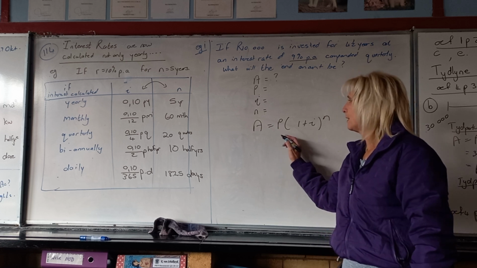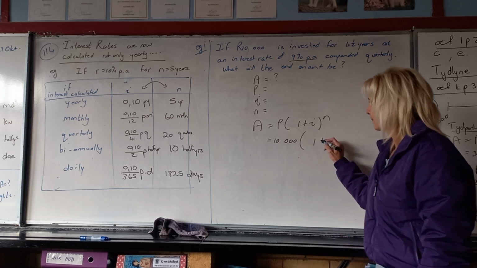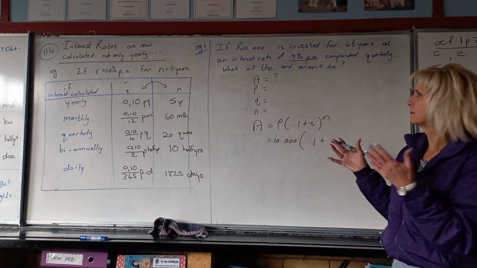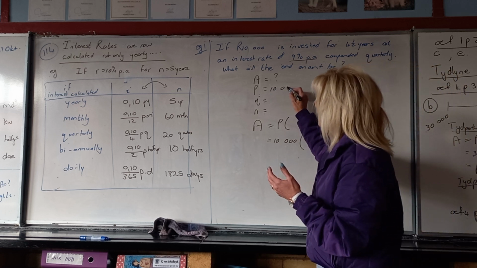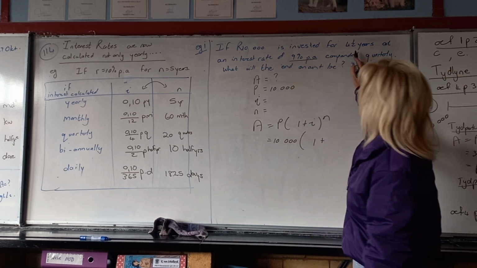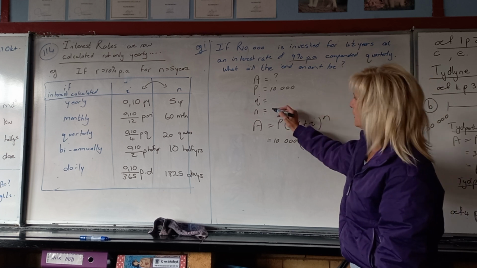Okay. So if I have P as 10,000 and my I, okay, maybe we should just finish up here. Knowing that 10,000 is my P. What was the 4.5 years? That's my N, right? Yes.